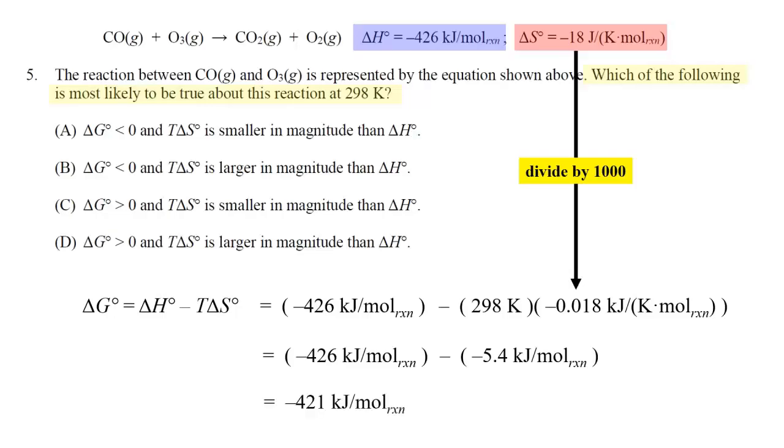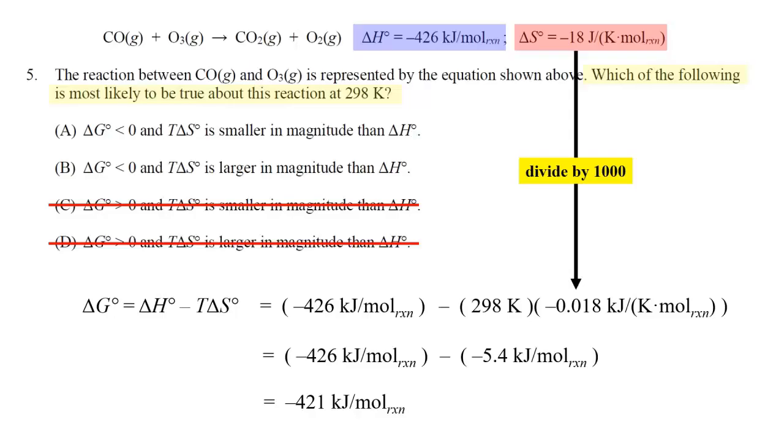So my final answer is negative 421 kilojoules per mole of reaction. The fact that delta G has a negative value means that I've narrowed down my choices. It's either A or B, because in choices C and D, they say that delta G is positive, but we know that delta G is negative 421.